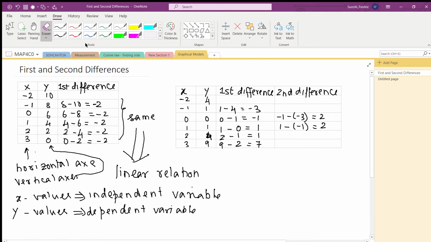So that is not 1 there. Okay, so this is 4 take away 1 is a 3.